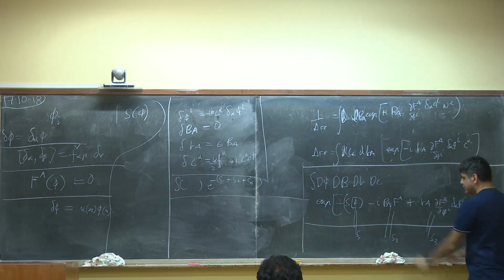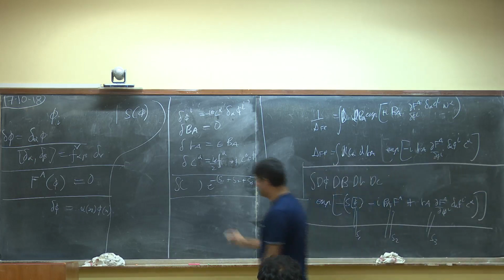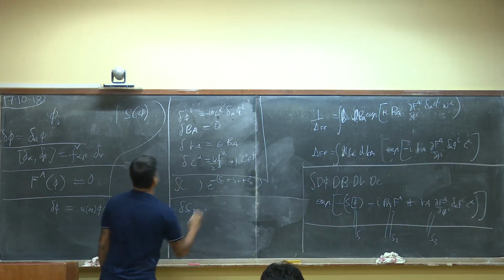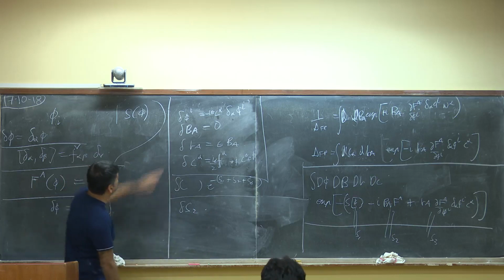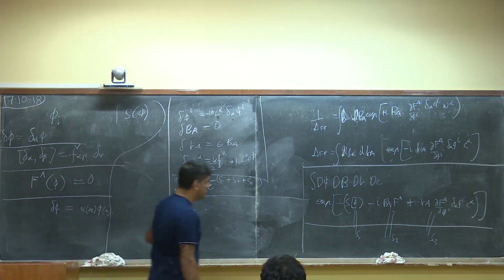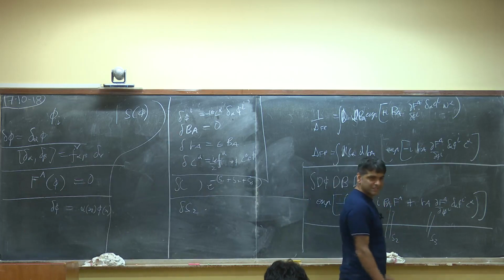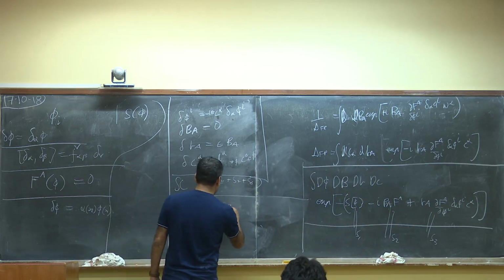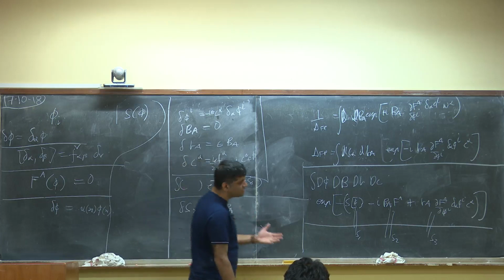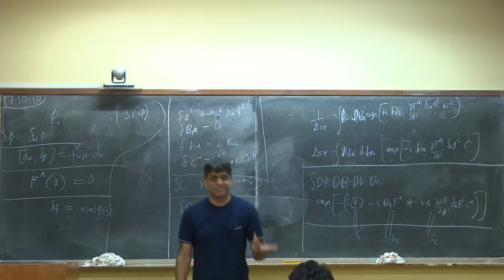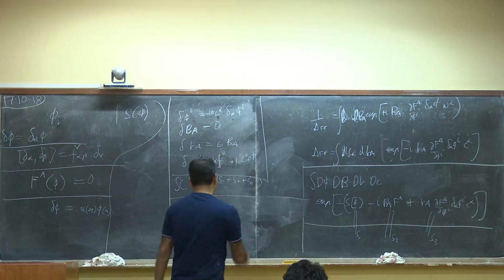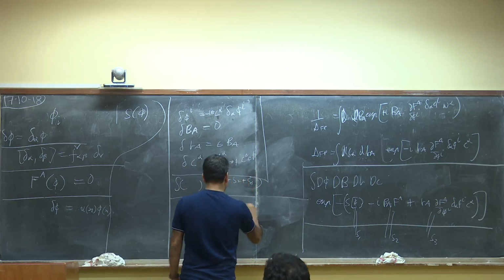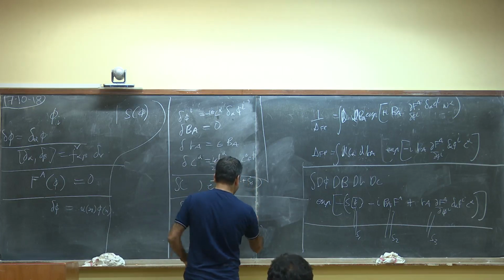Let's see. So first, let's look at this term. What is delta S2? Delta S2: BA doesn't change, so the only change is because FA changes. So that's equal to minus i BA times del FA by del phi i.